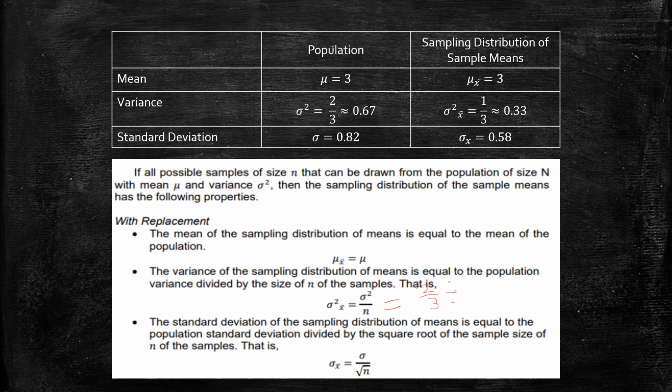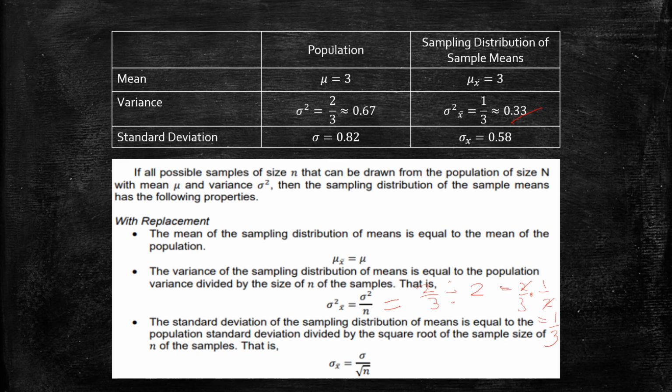Remember that your population consists of 2, 3, and 4, and we're going to take a sample size of 2. So divided by 2. You get the reciprocal, then change this to multiplication. So you have 2/3 times 1/2. You cancel, so what remains is 1/3. So this is correct.